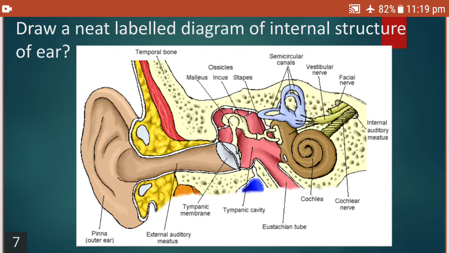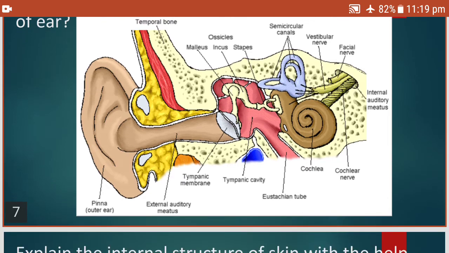The eustachian tube is also present in the middle ear. The inner ear consists of the semicircular canals, vestibular nerve, and cochlea, which is the organ that helps in balancing the equilibrium of the body, and of course the auditory nerve going from the ear to the brain.